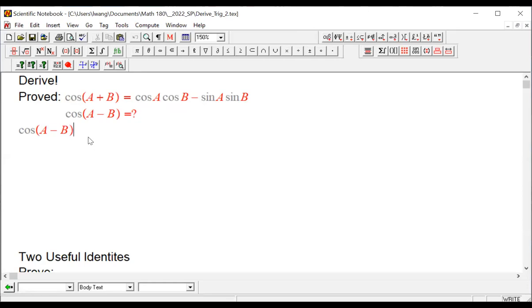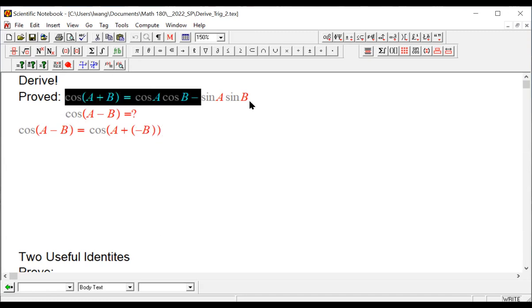We'll look at cosine A minus B as cosine A plus negative B, and then we can follow the formula, where A matches A and B matches negative B.